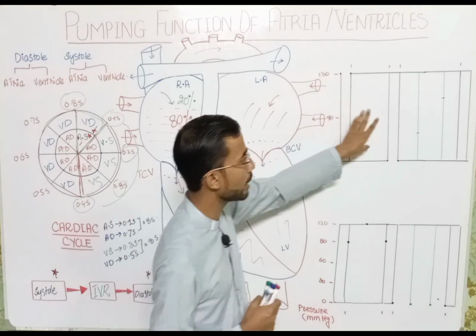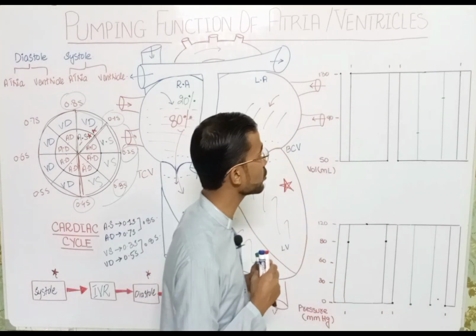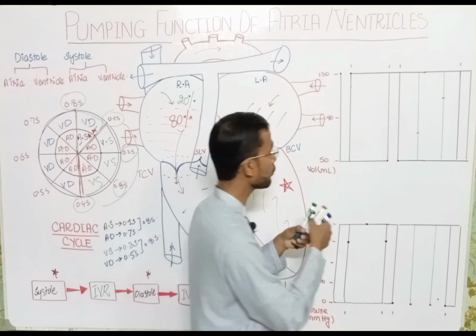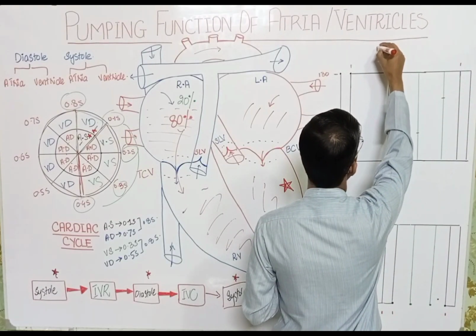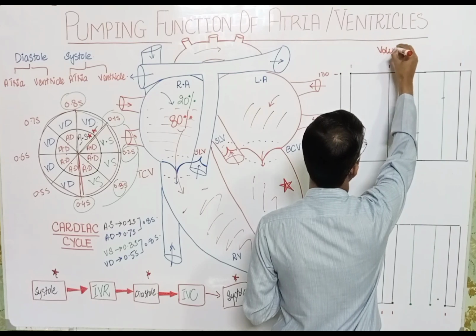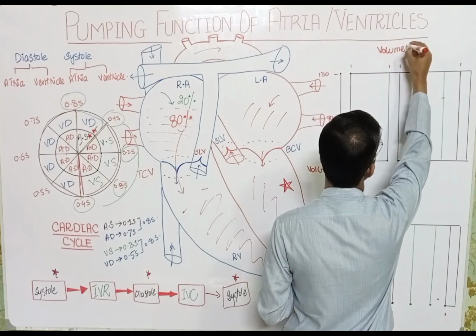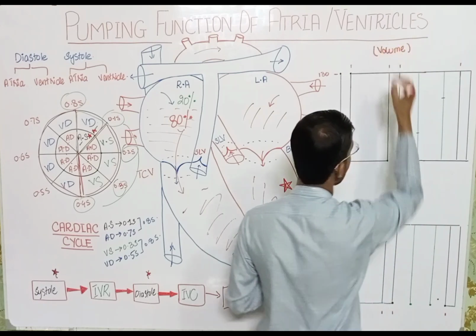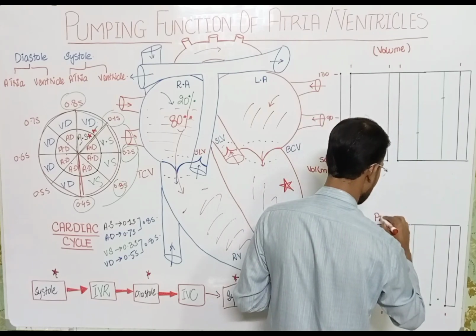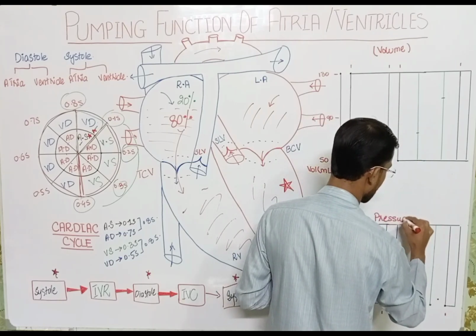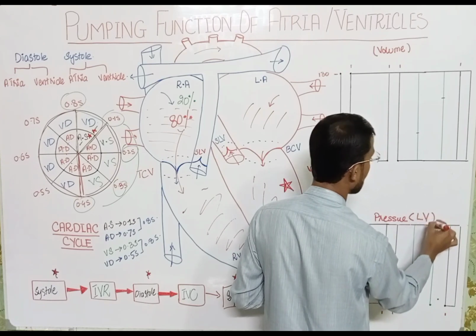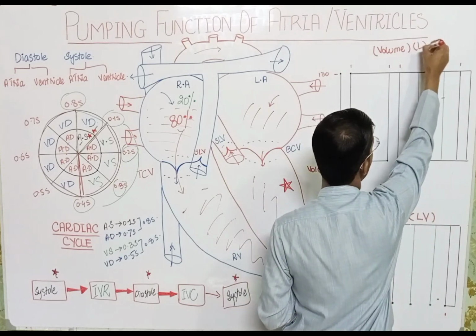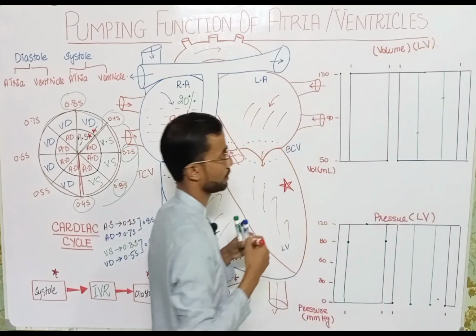Here you see two graphs: this graph is for the volume changes, and this graph is for the pressure changes. Keep in mind we are talking about the left ventricle.